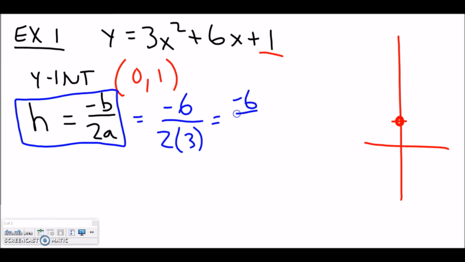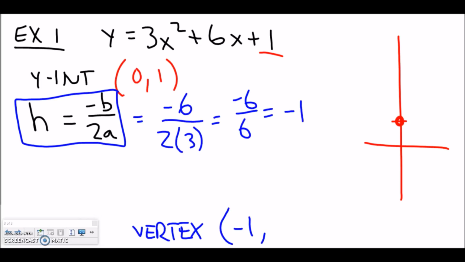So negative 6 over 6, and that's just negative 1. So for my vertex, I already know the x-coordinate is negative 1, because h is the x-coordinate of the vertex. Negative b over 2a. Solve, we got negative 1.